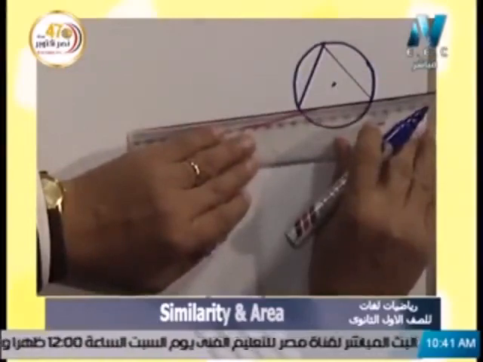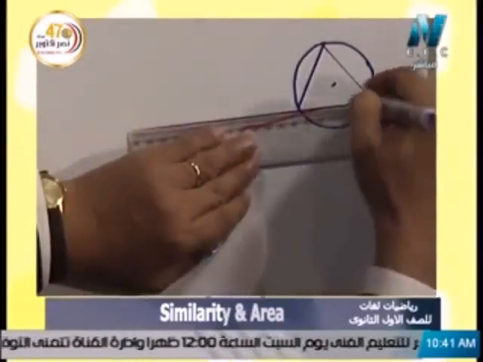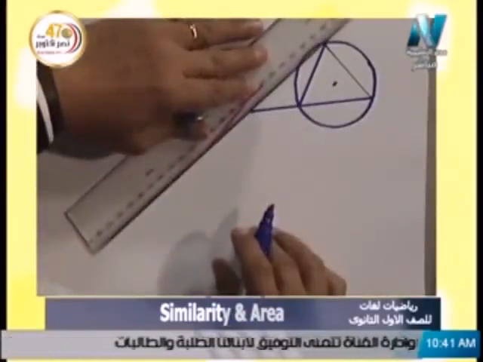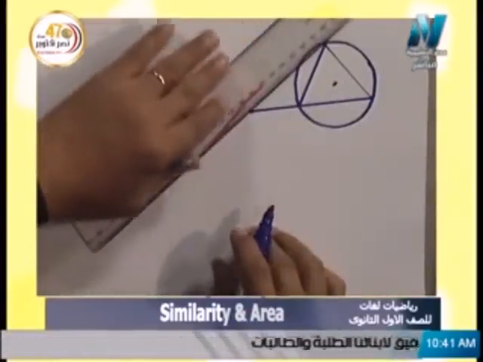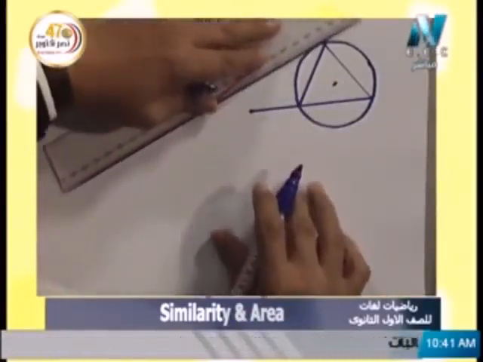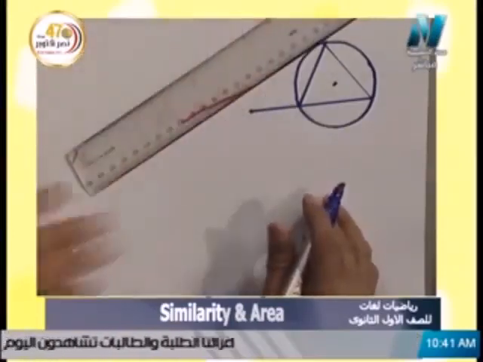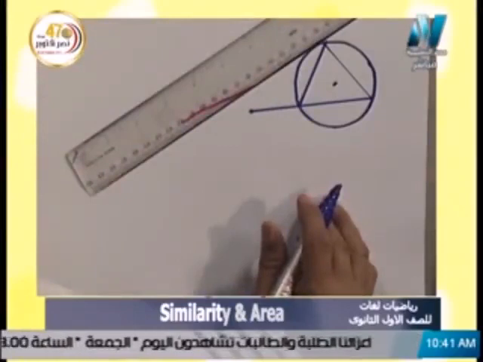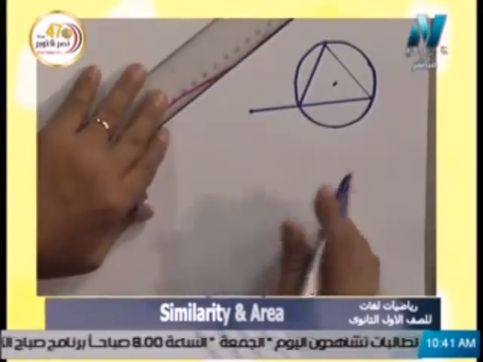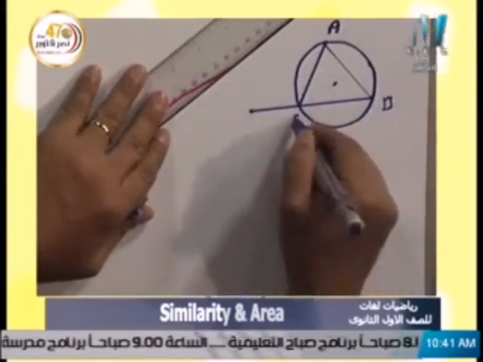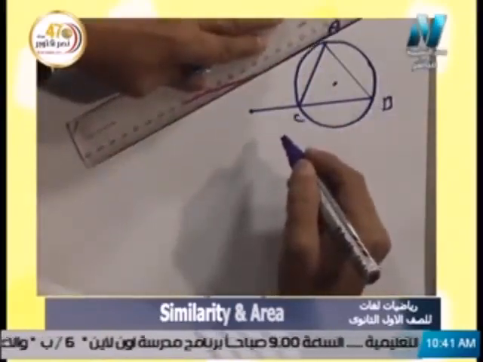And expand a little to get another triangle here. In this triangle, AD is a tangent, so we have A, B, C, and this tangent.